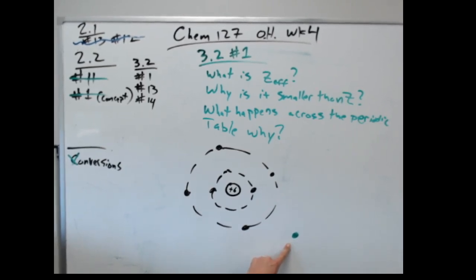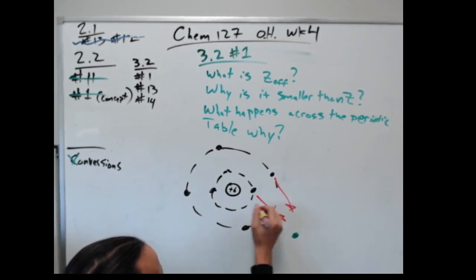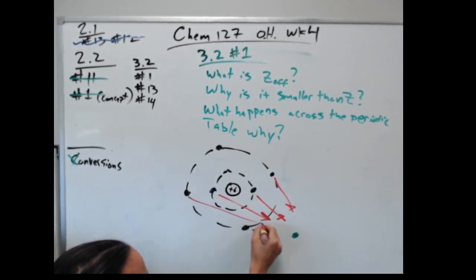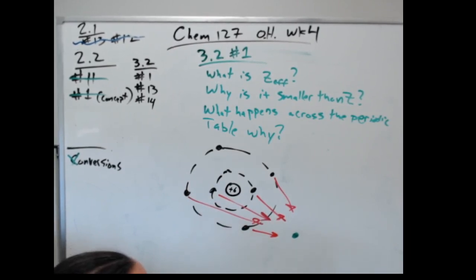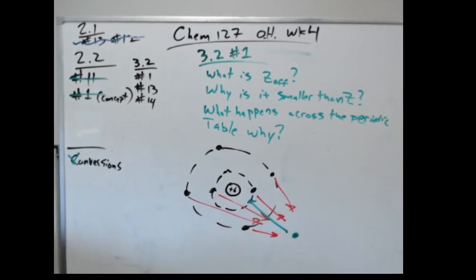Pull it towards or push it away? It's going to push it away. So we've got a repulsive force from these electrons pushing on that electron versus the attractive force of the nucleus on the electron. So we've got this push and this pull going on.